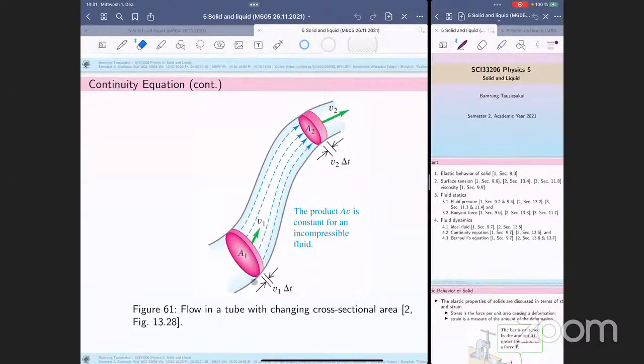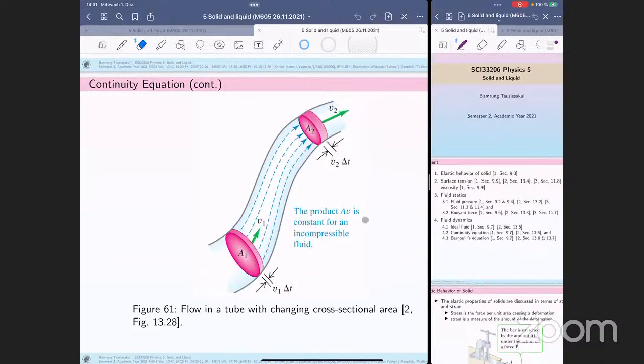Okay, and the thickness of the fluid layer here is denoted by this value, which is v1 times delta t. Okay, if you consider only a small amount of time for the observation, you get the thickness here. The thickness here is also found by the product between v2, the speed at this location, and the time of observation delta t.